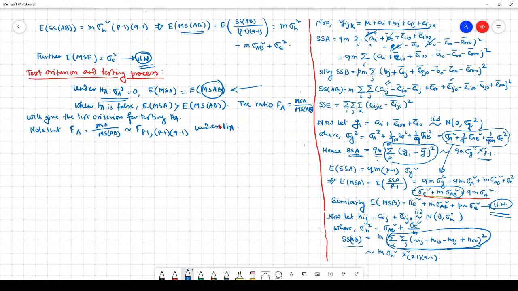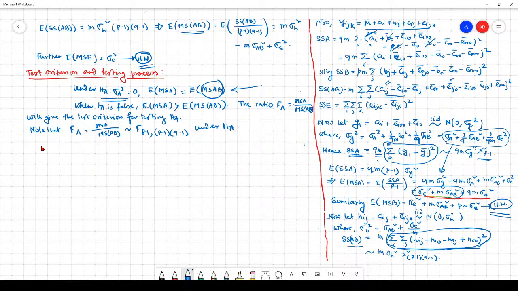Even under the alternative, that is when HA is false, this is also a central F distribution. So this is another difference. Please note down. In the fixed effect model, when HA is false, this is a non-central F distribution. But here this is a constant times a central F distribution. So please note down this point also. This is another difference.